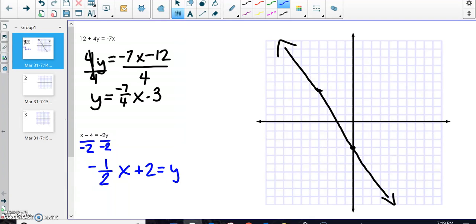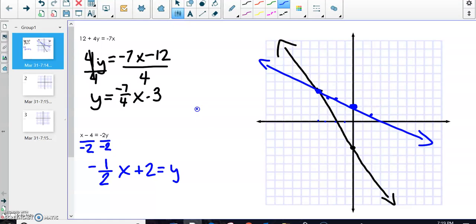So my y-intercept is 2, so I'm going to go up to 2, plot a point, and then I can go down 1, right 2, or I could go up 1, left 2, up 1, left 2, which there I'm going to actually hit the other line, and I would have my solution.